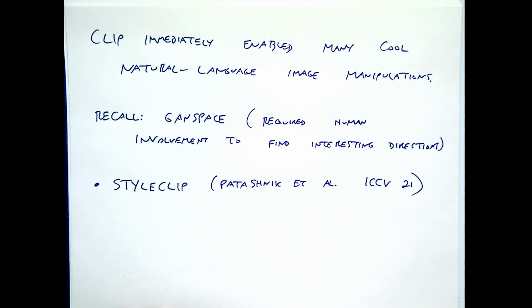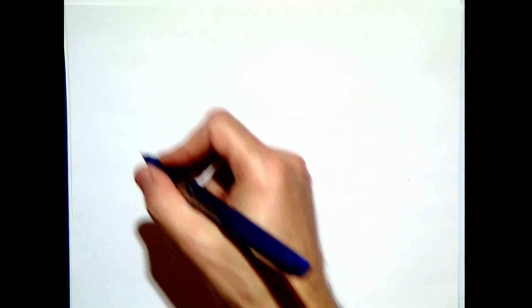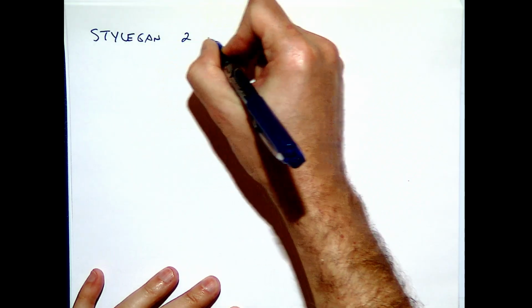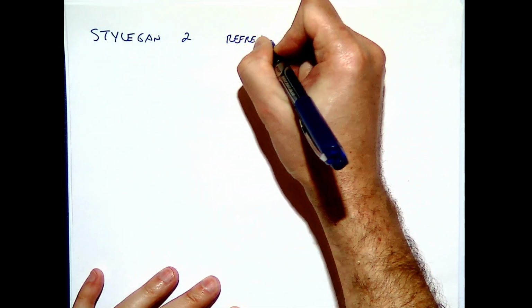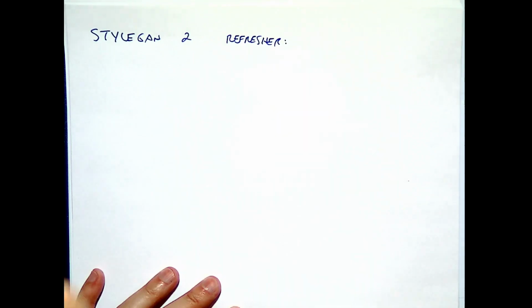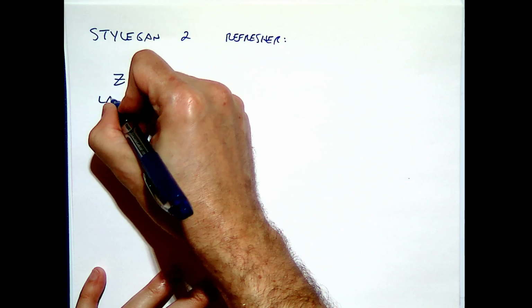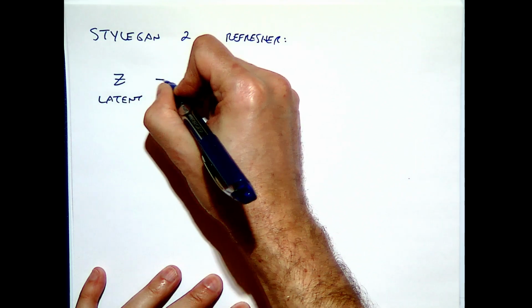So let's revisit for a second how StyleGAN-2 works, because that was a while ago. StyleGAN-2 refresher: the way that worked under the hood was that we had a latent variable z.